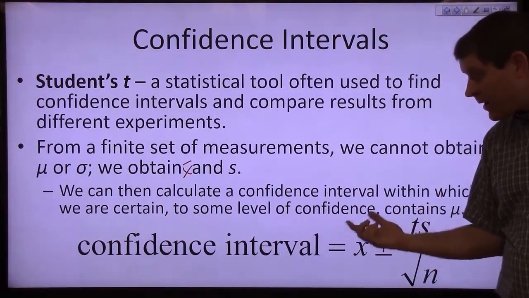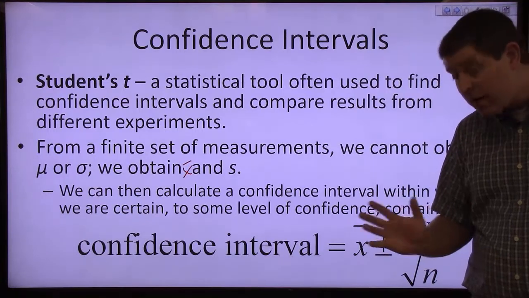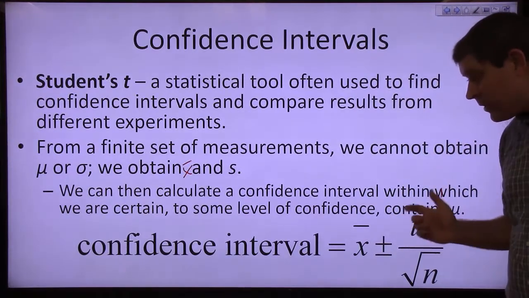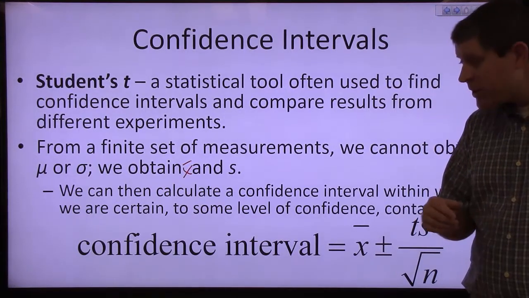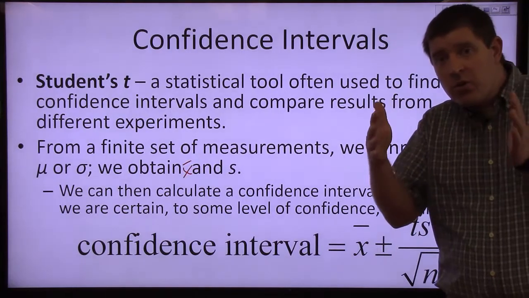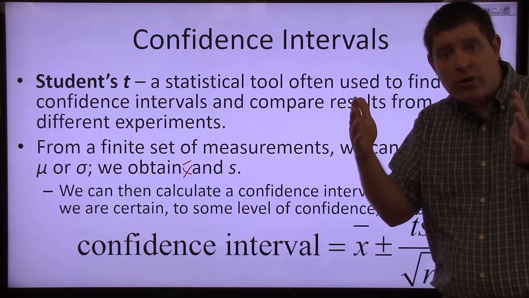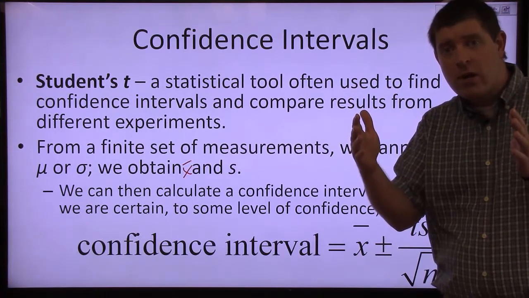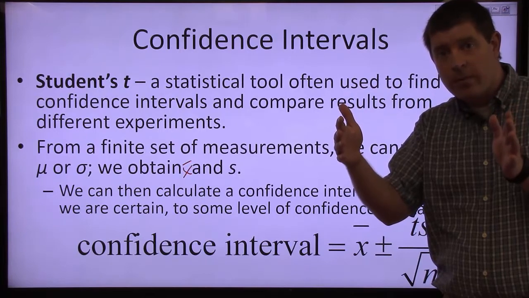Now, we can then calculate a confidence interval within which we are certain, to some level of confidence, contains mu, the population mean. That is, we're going to take our sample average, our sample mean, and compute some interval around that at which we are, say, 90% certain or 95% certain that the population average is within that interval somewhere.